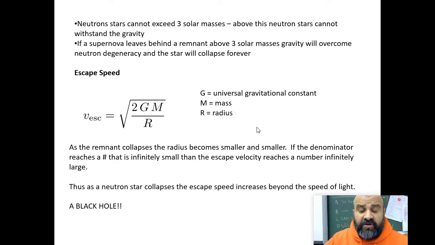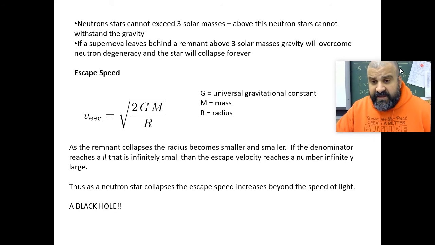Above this, the neutron stars cannot withstand gravity. The force of gravity at a neutron star that is 3 times the mass of our sun is so strong, it overcomes neutron degeneracy, and the star will collapse forever.